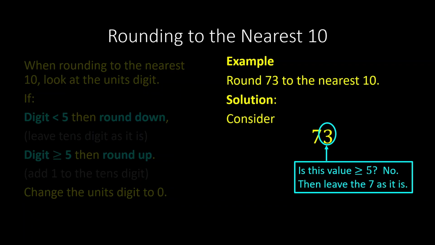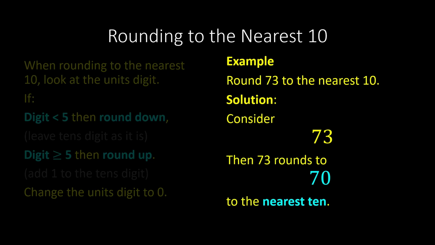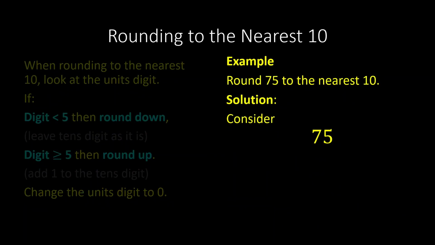So we leave the 7 as it is. And now we can round 73. Therefore, 73 rounds to 70 to the nearest 10. The digits after the one you are rounding to become 0.